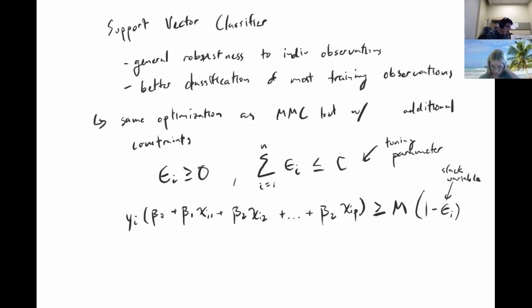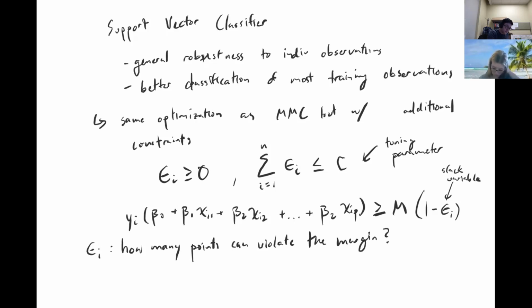And so let me describe what these are doing. Your epsilon i tells you how many points can violate the margin. And C will tell you the bounds for the number of epsilons.